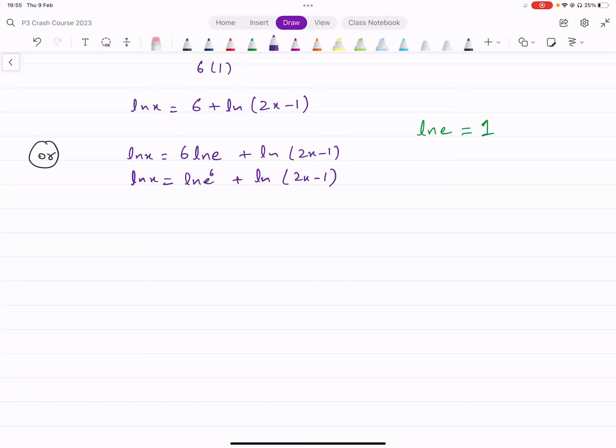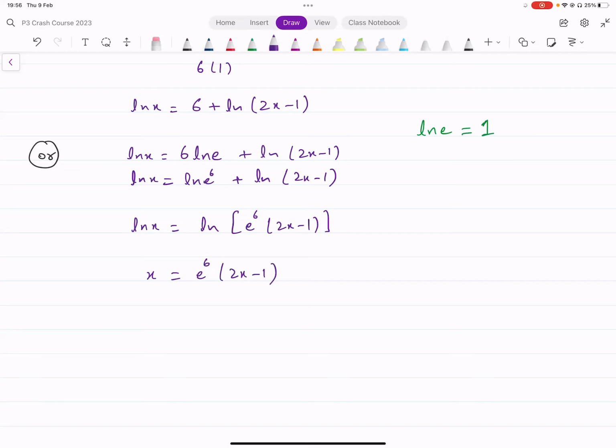You could write it like this. You could say this is ln of x equal to ln of e raised to the power 6 into 2x minus 1. And you have one single log on both sides now. And you could get rid of the log term. Okay, so that it becomes just x equal to e raised to the power 6 into 2x minus 1.